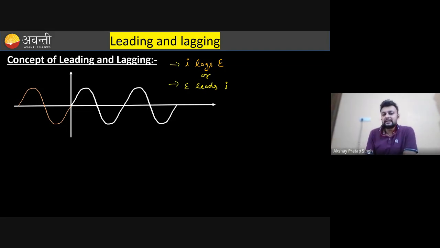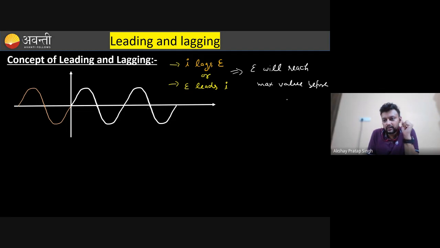I am saying current is lagging behind or EMF is leading ahead. Are these two statements the same? So what can you conclude, who is leading? EMF is leading. That means EMF will reach maximum value before current. And on this note, I can draw another graph.